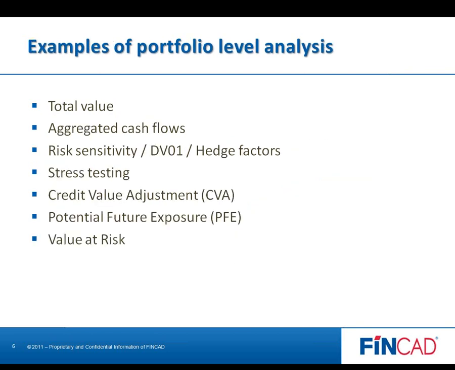Here are some other examples of analysis carried out at the portfolio level. In other words, these are different types of the function f. The total value we've already discussed. Aggregated cash flows. Well, you might need all of the future cash flows for a portfolio sorted in chronological order. Again, this aggregation is not difficult if the cash flows for each trade were available.